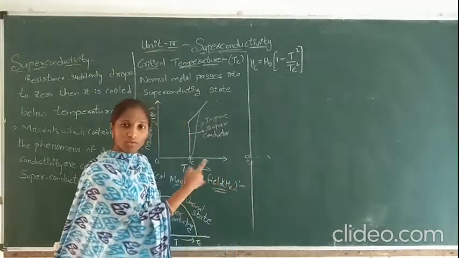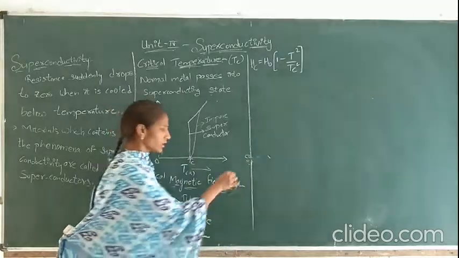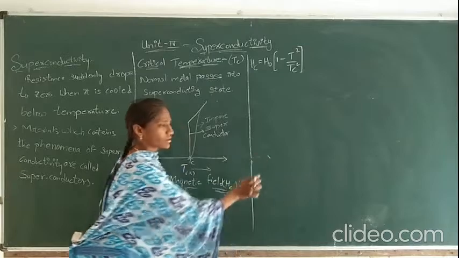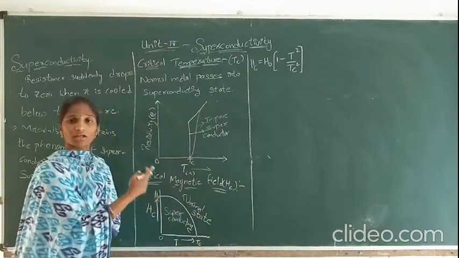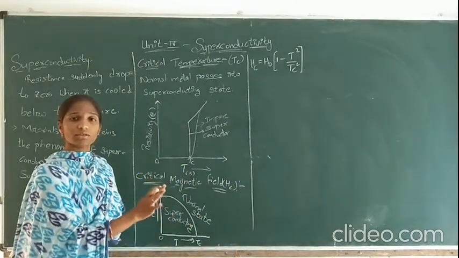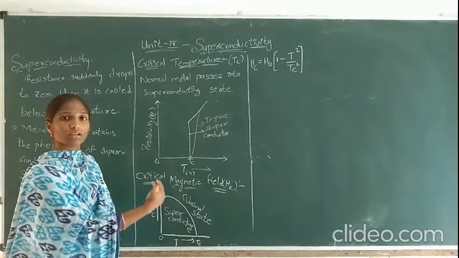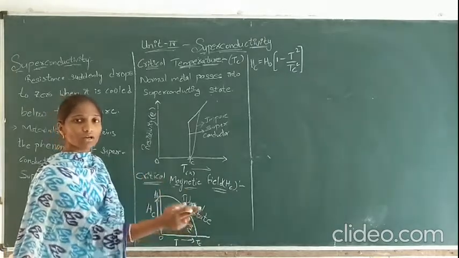Even though current flows in a conducting material, there will be some resistance, but in a superconductor the resistance will be zero. That is the main difference between a conductor and a superconductor.